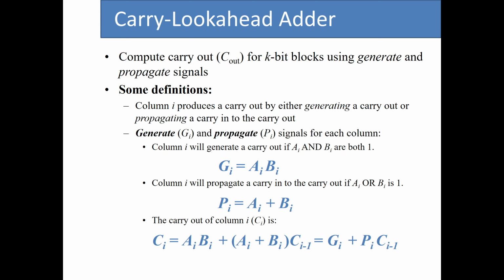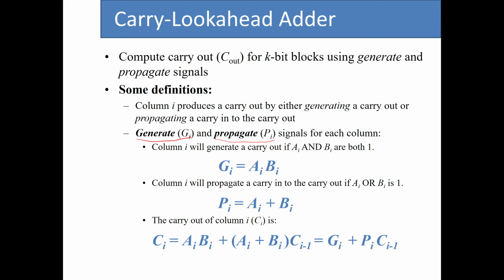We call one the generate signal, which is the result of ANDing the corresponding bits in the two numbers that we have. And we also create a propagate signal, or P_i, which is the result of ORing the corresponding two bits in the two multi-bit numbers we have.